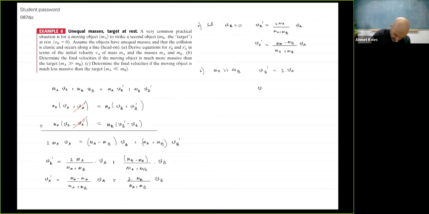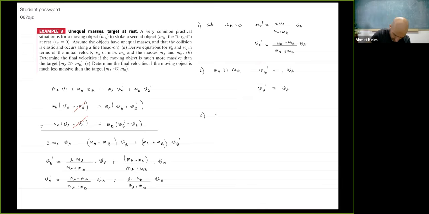And VA prime, if MA is much larger, forget about that, VA is basically unchanged. That actually makes a lot of sense to me because you collide with A and B is stationary. B goes with twice the velocity of A, and A does not change its velocity at all.